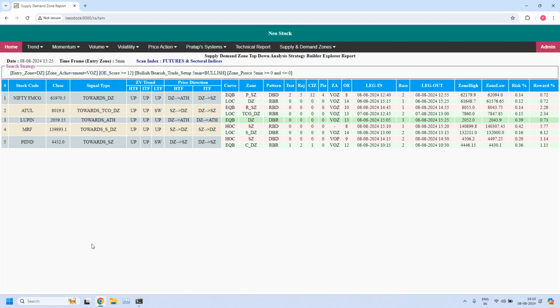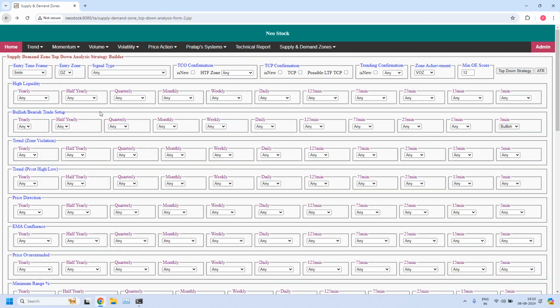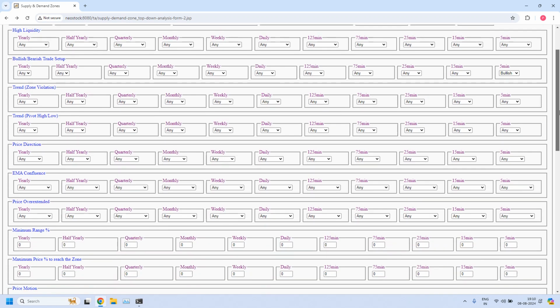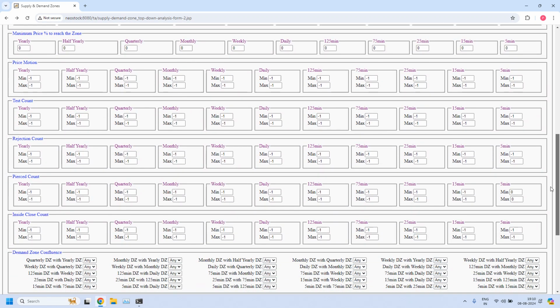Now how many of these stocks are having confluence with 15 minutes time frame? But look into PI Industries and MRF, both are having high liquidity zones, demand zones. Anyway, let's look into the zone confluence. ITF confluence, demand zones.